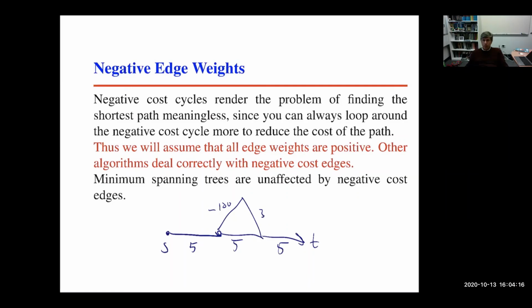Does anybody have an idea? We go from S, 5, 5, 3, negative 100, and keep going around that triangle as many times as we like. Does everybody see that if you take the really shortest path from S to T, you never get to T?